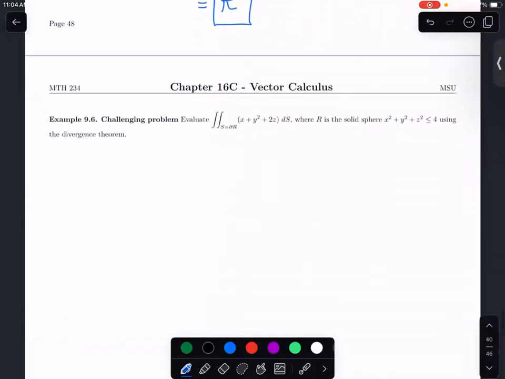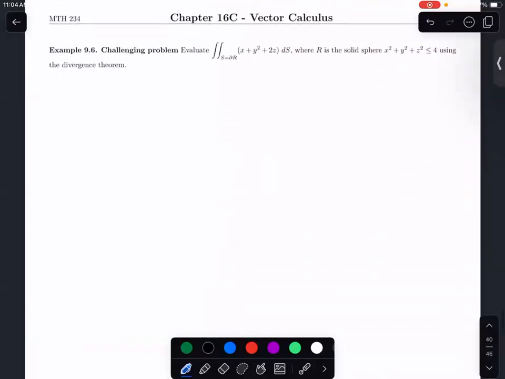All right. Well then, I have one last challenging problem that I'll hopefully try to explain here. This one says use the divergence theorem. Of course, if it didn't say use the divergence theorem, I've evaluated surface integrals like this before, back in 16.7.